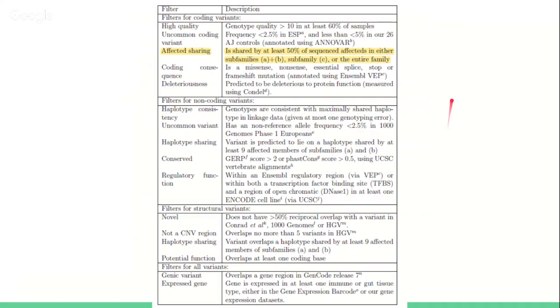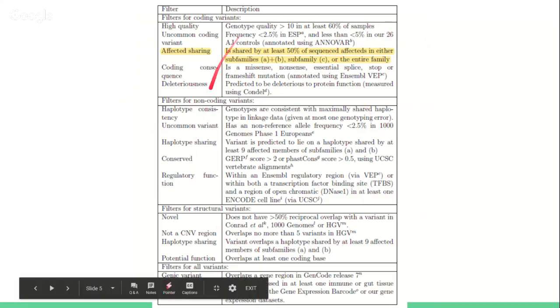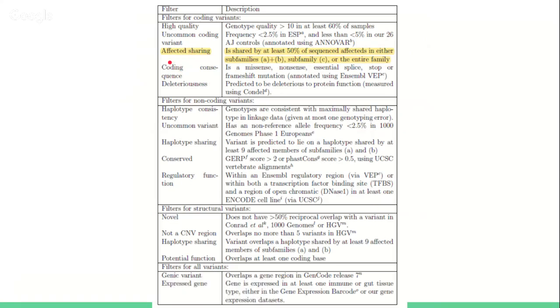This is a table of different ways in which you can filter all the SNPs and try to whittle down the ones that are associated to disease. One of the filters is affected sharing: a variant is shared by at least 50% of sequenced affecteds in either subfamilies A plus B, subfamily C, or the entire family.